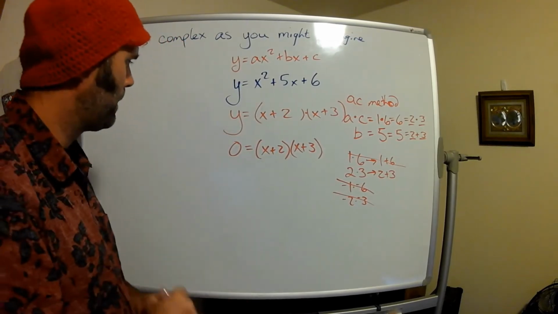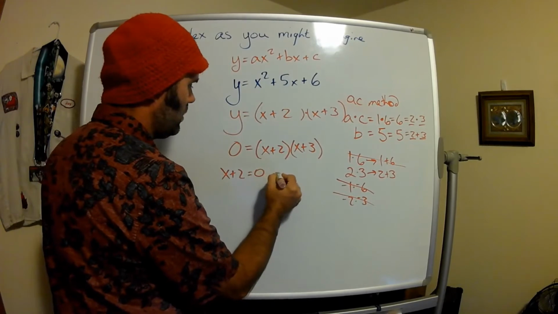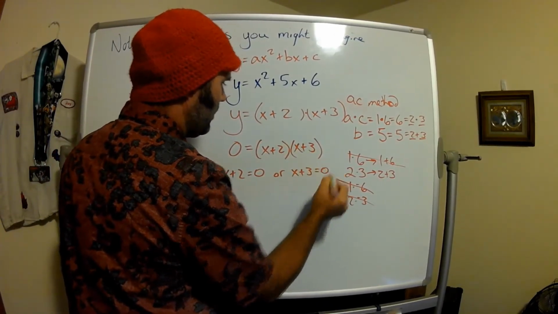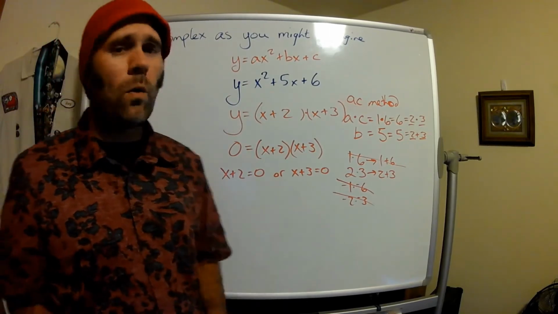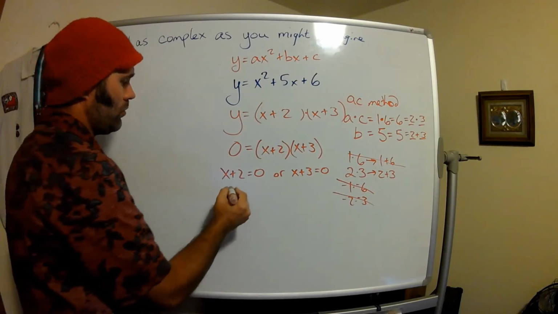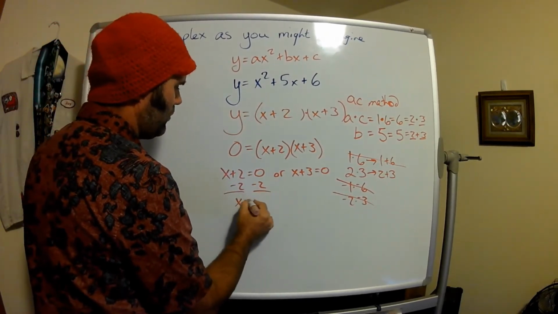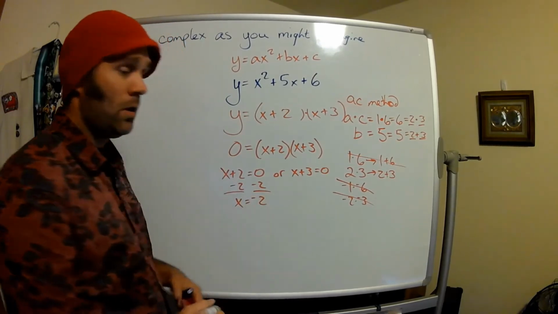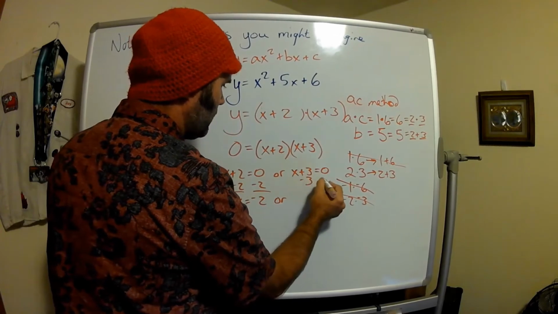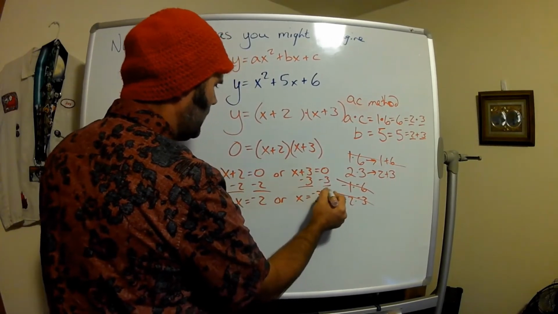Okay? So either x plus 2 equals 0 or x plus 3 equals 0. One or both of these must be true. So we're going to subtract 2 from both sides to get x by itself, and x must equal -2, or subtract 3 from both sides, x must equal -3.